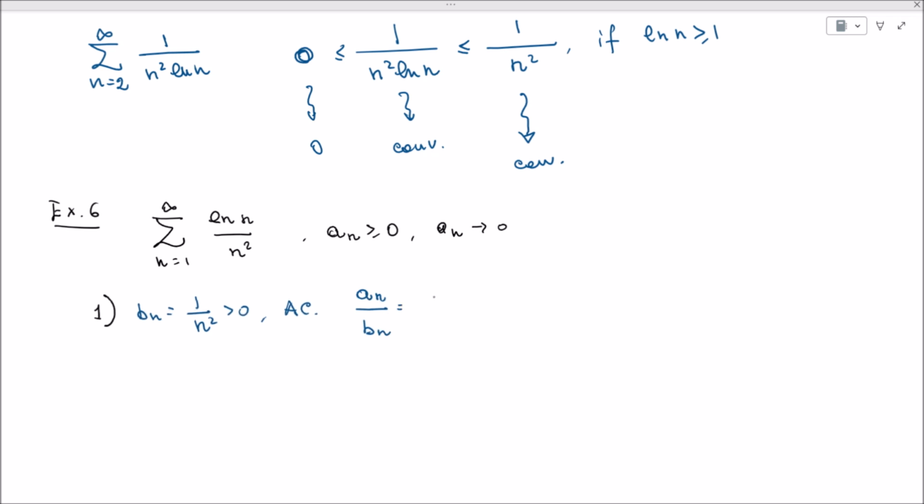Now, an is logarithm of n divided by n squared, and if we divide by 1 over n squared, it's like multiplying by n squared, and this is just logarithm of n.